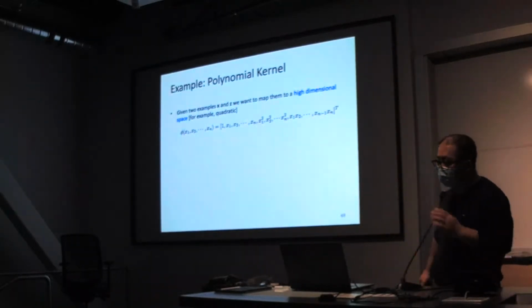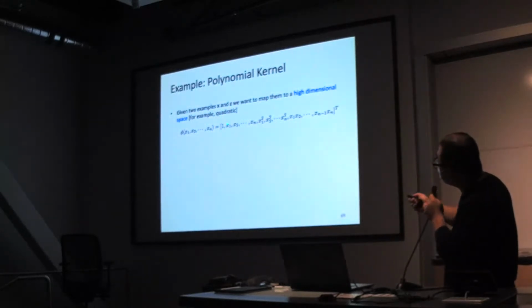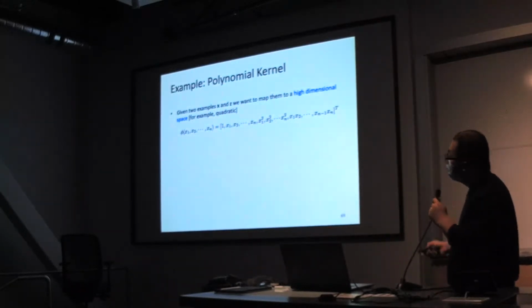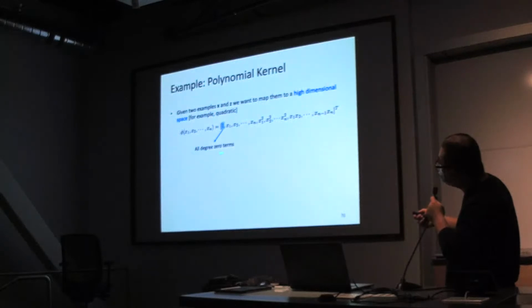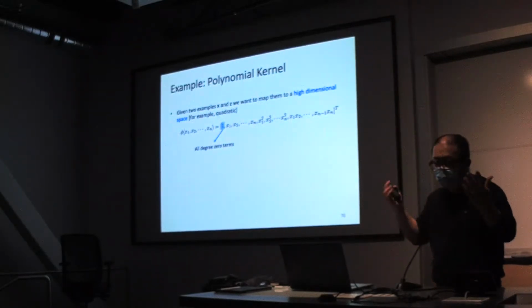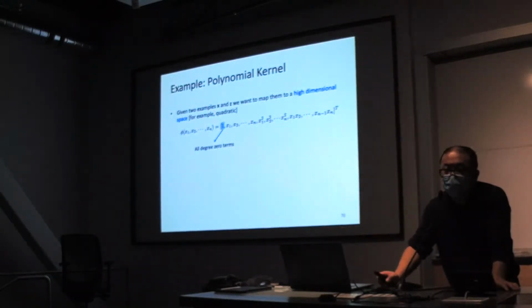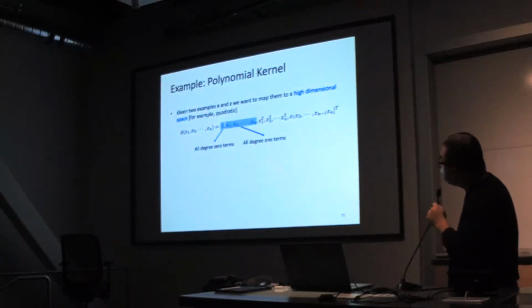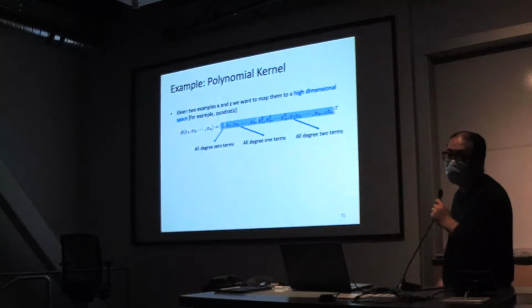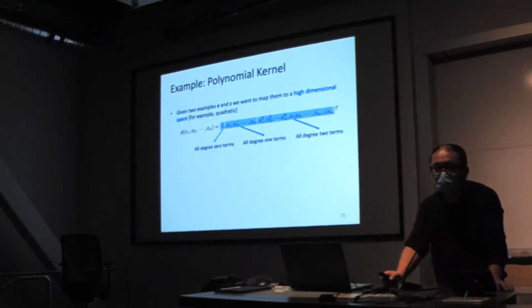If you write them out, there'll be a long vector. The first part will be all degree 0 terms. If you pick any term to the power of 0, that is simply 1, so there is only one degree 0 term. Then all degree 1 terms, which are the original features. And all degree 2 terms, which are all the cross combinations or self combinations of those features.